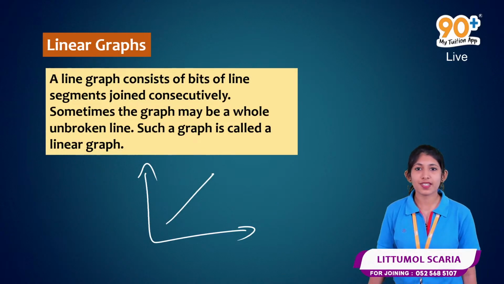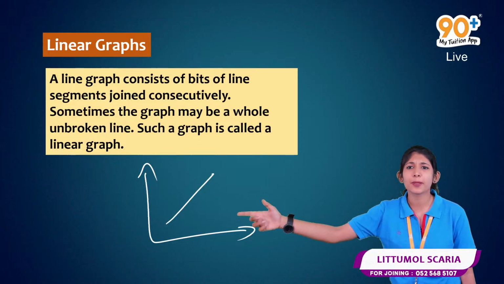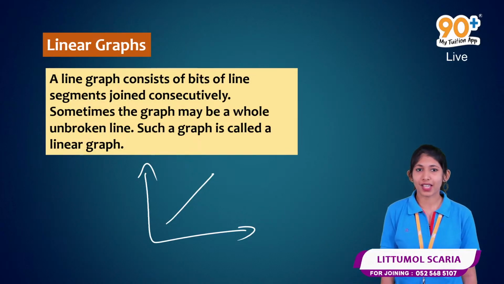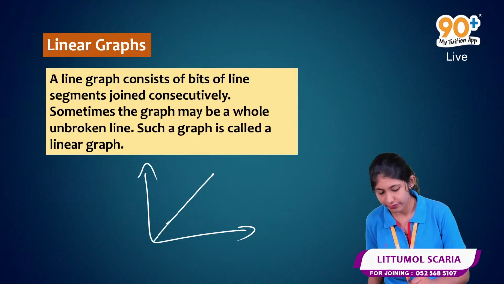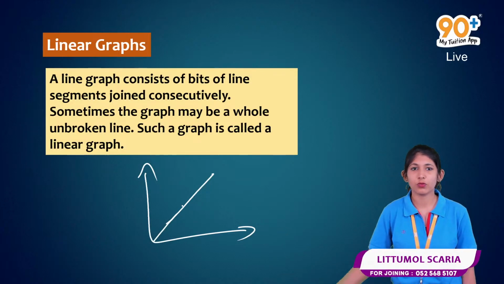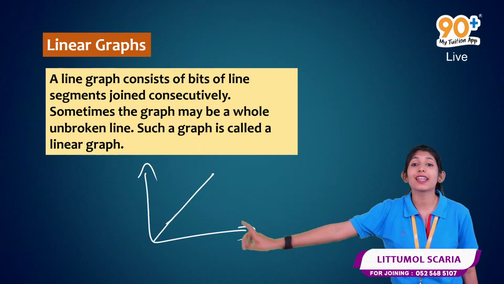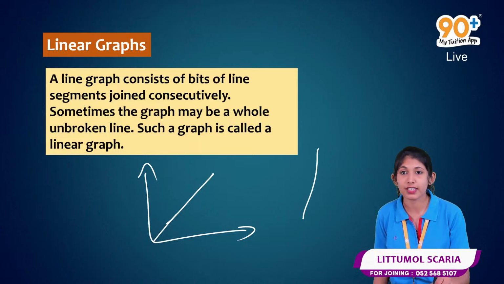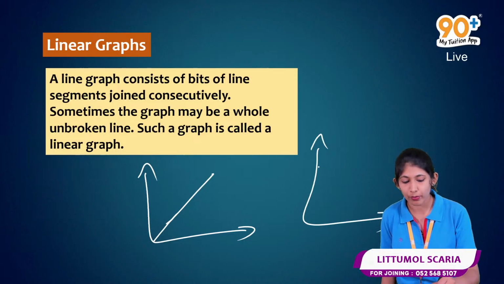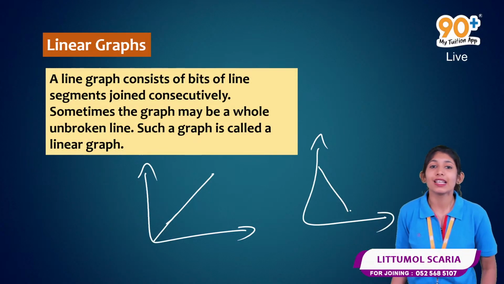In physics, when you are learning Ohm's law, the voltage versus current graph, you will be getting a graph like this. When something is directly proportional, you will be getting a graph like this. And when something is inversely proportional, you will be getting a graph with a negative slope.